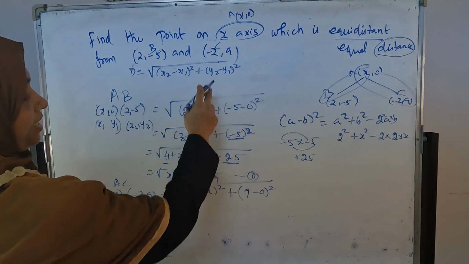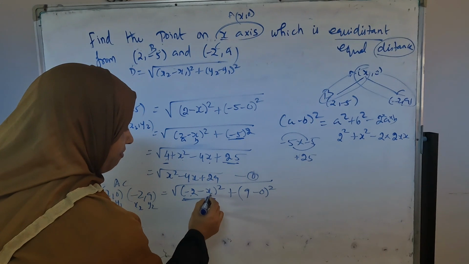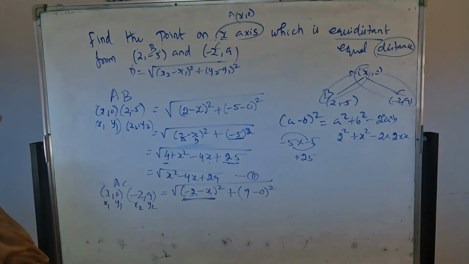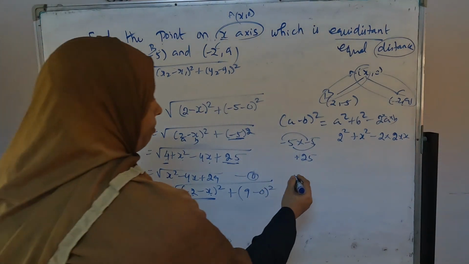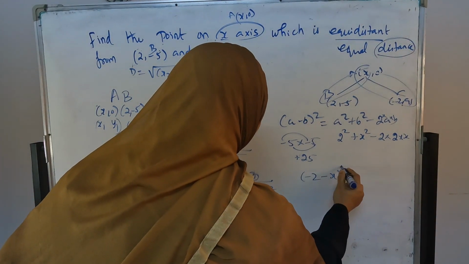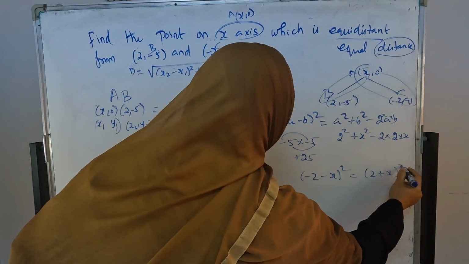I substituted in the distance formula only. Again you see these are unlike terms, both not able to combine. Again we have to use the algebraic formulas. So minus 2 minus x the whole square, both of them minus, you can write this as (2 plus x) the whole square.